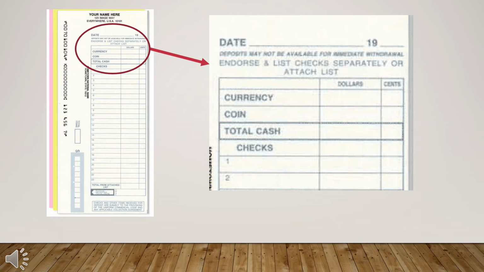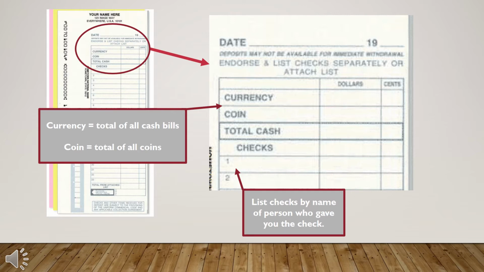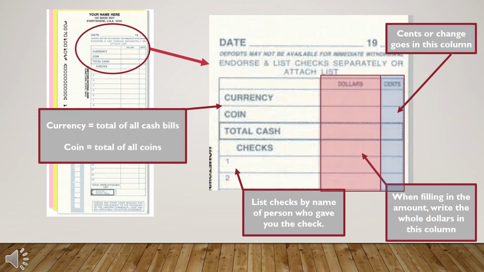First, the currency equals the total of all cash bills. Coin equals the total of all coins. Secondly, you will list the checks by name of the person who gave you the check, and when filling in the amount, write the whole dollars in this column and the cents or the change in this column.